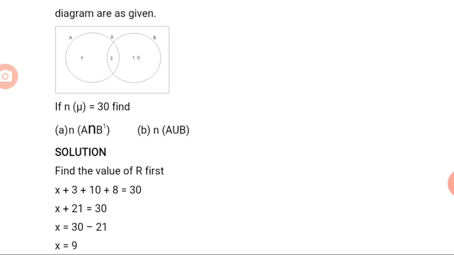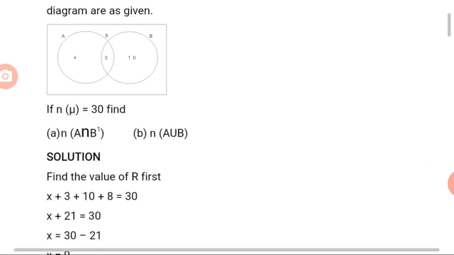The first thing that we want to look at is to find the value of X. Is that clear? By finding the value of X, we have X plus 3 plus 10 plus 8 equals 30 from the Venn diagram.